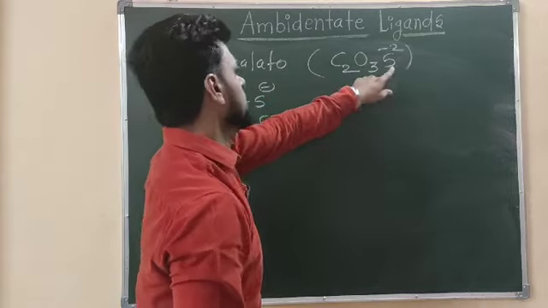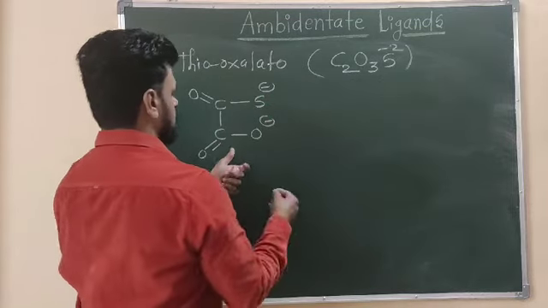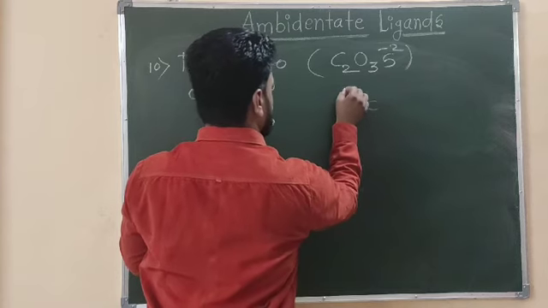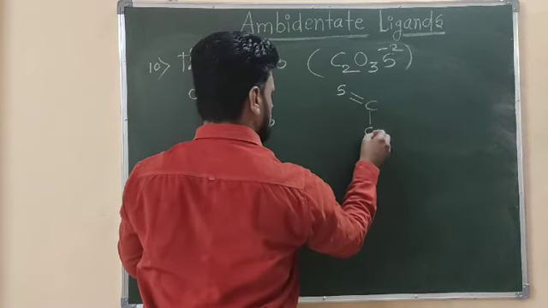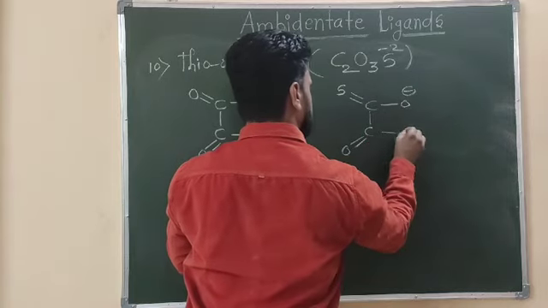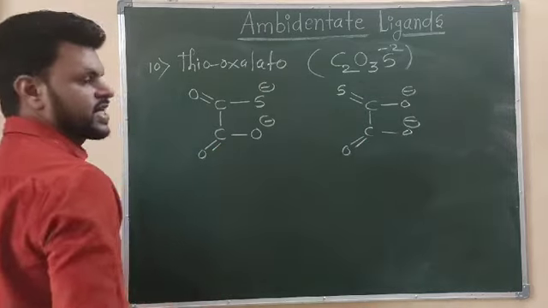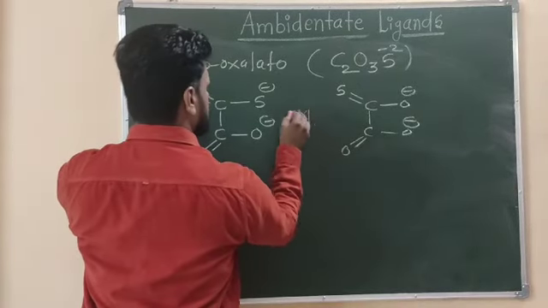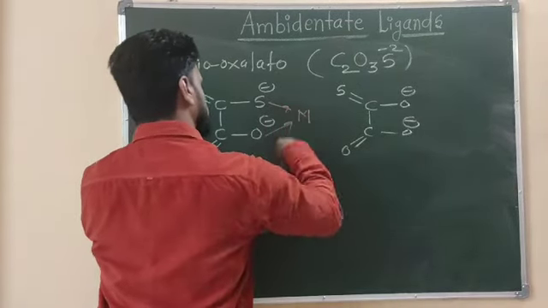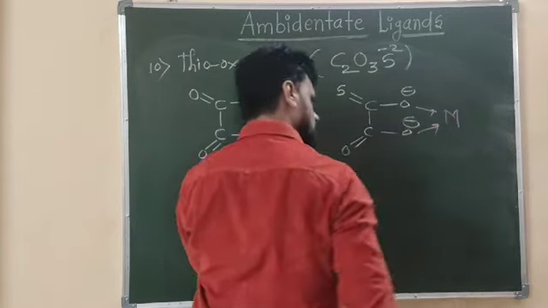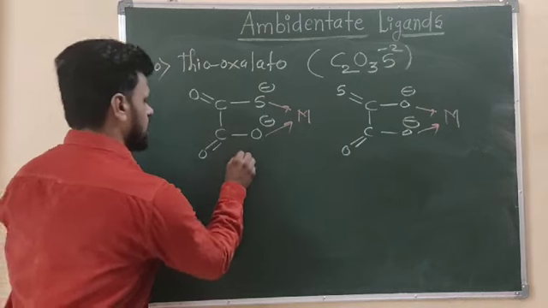Now I am going to change the bonding slightly: carbon double bond S, carbon single bond, and we have double bond O, and we have O minus, and we have O minus. If you look at the molecule very carefully, this molecule can now bind via a sulfur and via oxygen. The next molecule can bind via oxygen and oxygen.